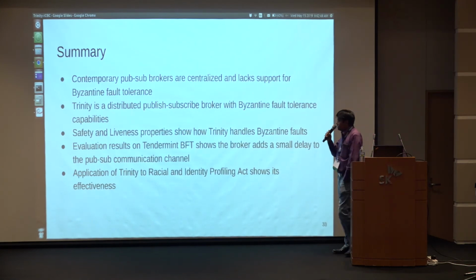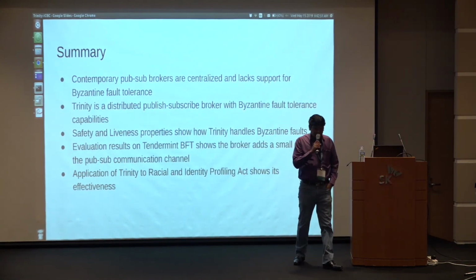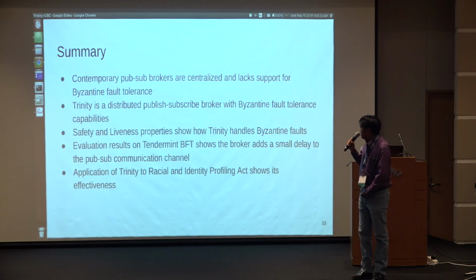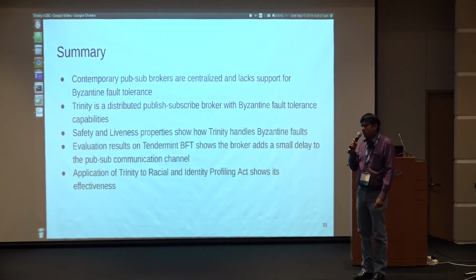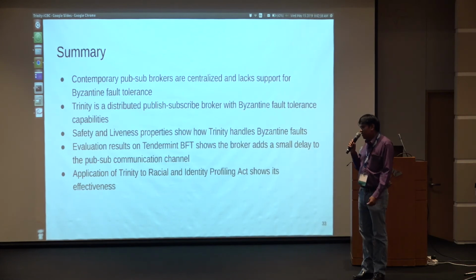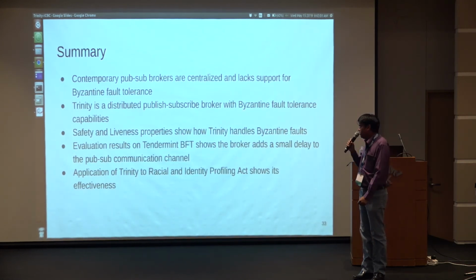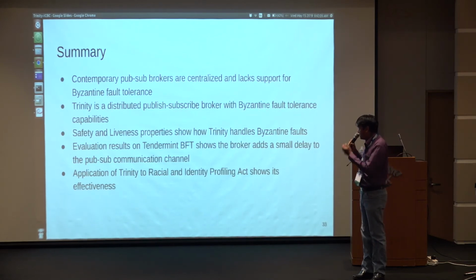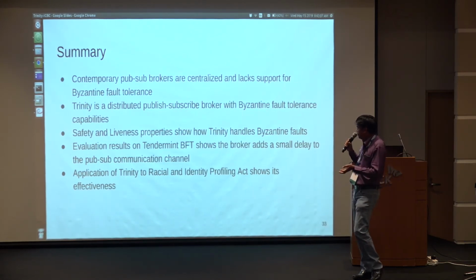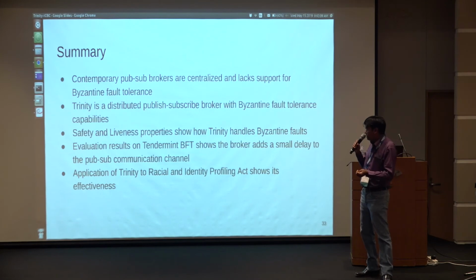That brings me to the conclusion of my presentation. As I mentioned, contemporary publish subscribe brokers are centralized, and they don't provide support for Byzantine fault tolerance behavior. To the best of our knowledge, Trinity is the first distributed publish subscribe broker with Byzantine fault tolerance capabilities.